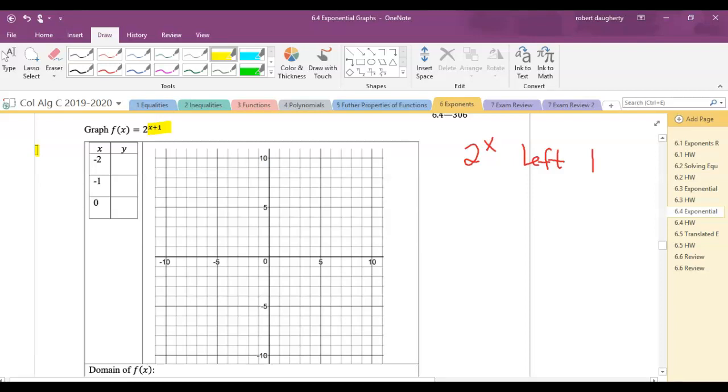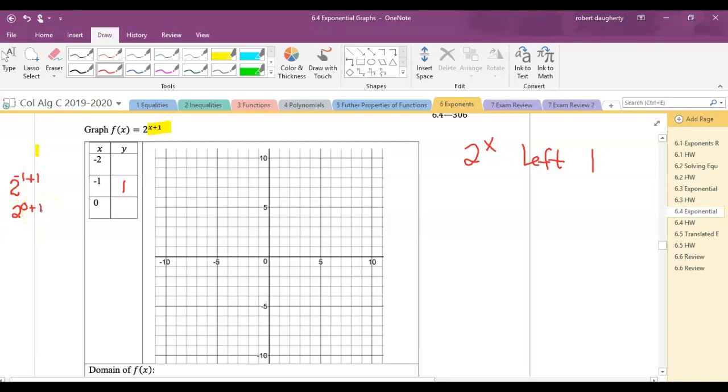Okay. On your quiz, you're not going to be given that. You have to do this, okay? So where is this thing equal to 0? When x is negative 1, pick a number on either side. That guarantees you're going to get something that works out like this. 2 to the negative 1 plus 1. What's negative 1 plus 1? 0. 2 to the 0 is 1, okay? And this is then going to be 2 to the 0 plus 1.